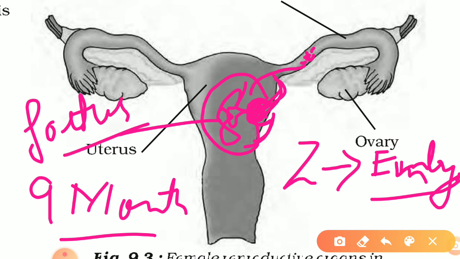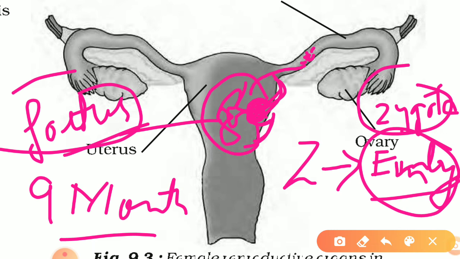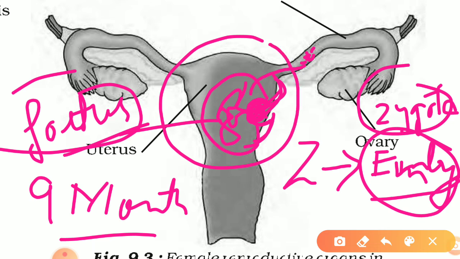Now children, I have used three terms here. One term was zygote, another term was embryo, third term was fetus. Now what are they? We will discuss it just now. Is it clear? So what I told just now, is that clear or not? So what is the uterus? How many uteruses do we have? Single uterus. What is the shape? Pear shape. Both the fallopian tubes open into the uterus.